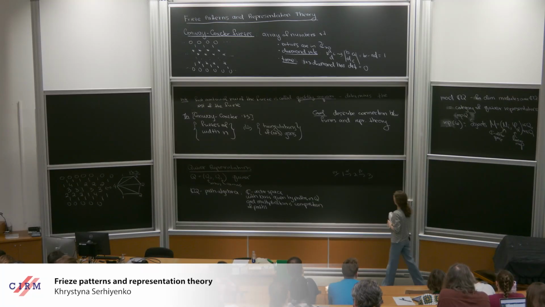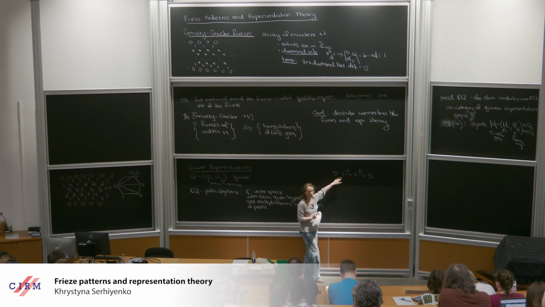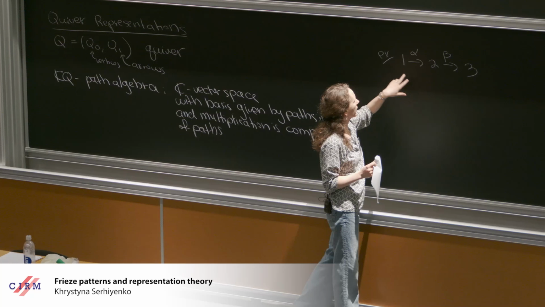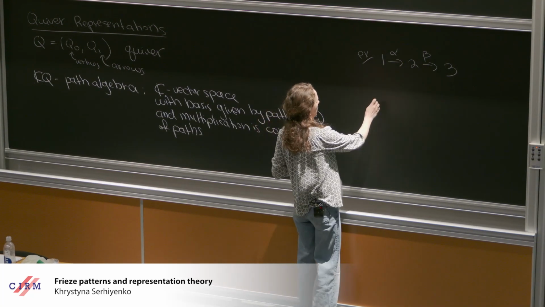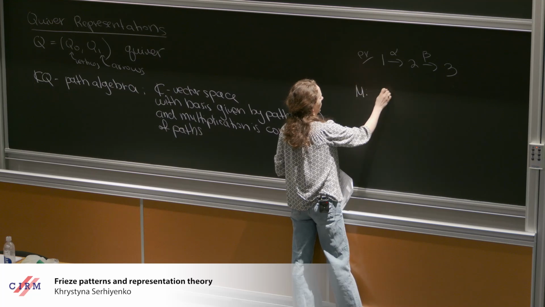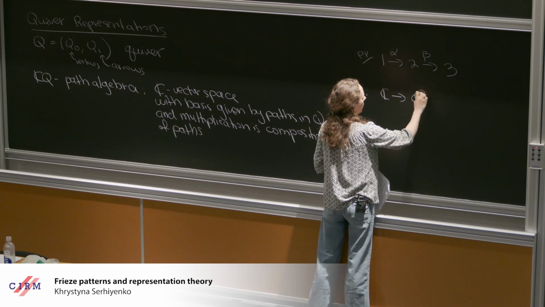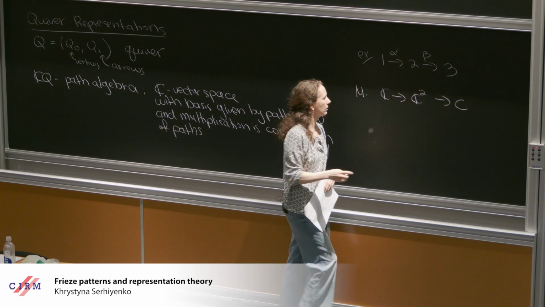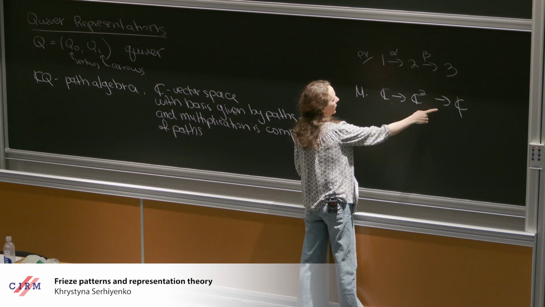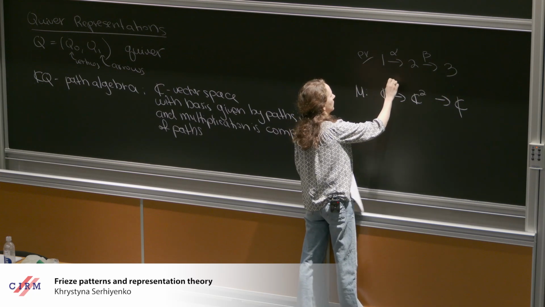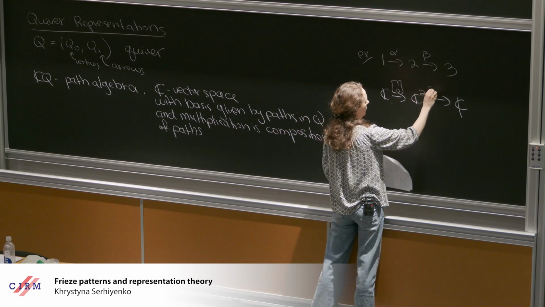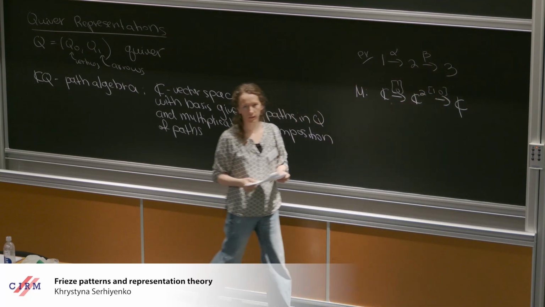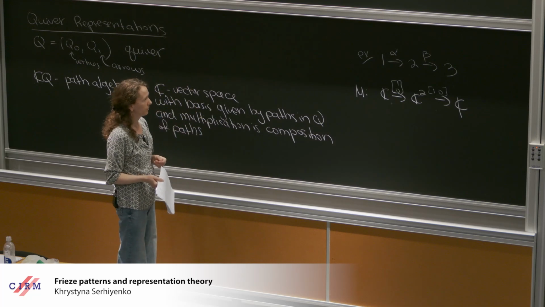So in our example, I put some finite number of copies of C as the vector space at each vertex and some linear map on each of the arrows. For example, M could be C squared, C, and then I have to tell you what the maps are. Let's say it is (1, 0) and 1, 0. Okay, so this is an example of a quiver representation.